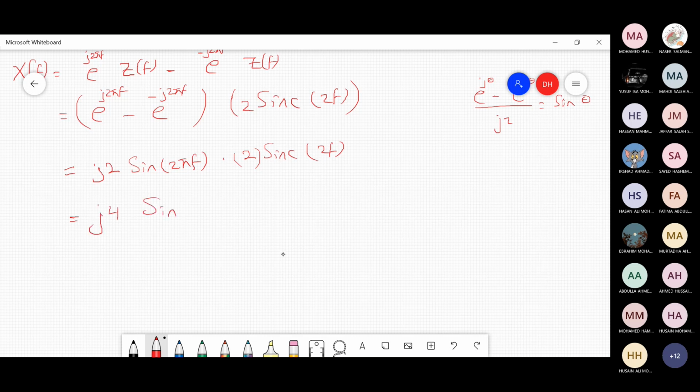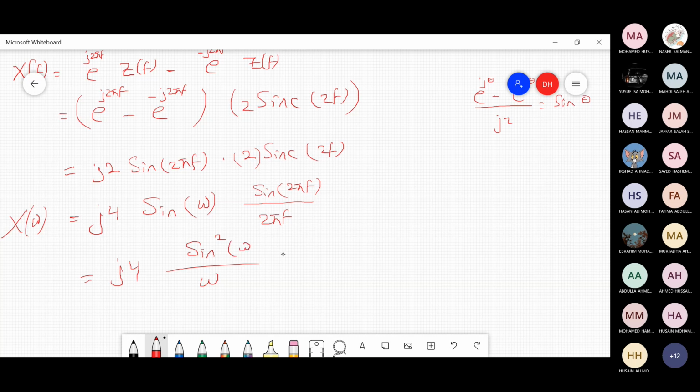Here I can write sine 2 pi f, where 2 pi f is equal to omega. If you want to write it in omega, or if you want to write it in f, then it is this one. Okay, and we know that sinc is equal to sine 2 pi f divided by 2 pi f, and 2 pi f is omega, so then it is equal to j4 (2 pi f is omega). And here sine omega multiplied by sine omega gives sine square omega.